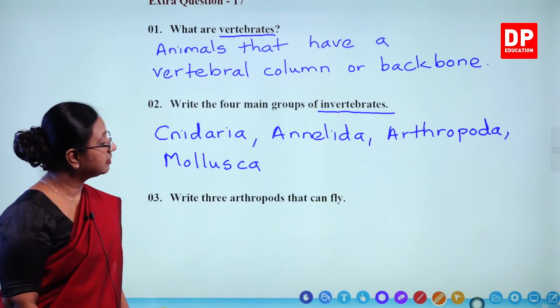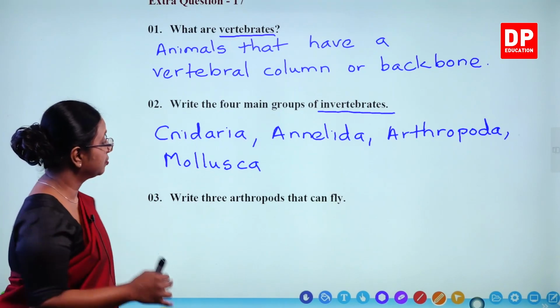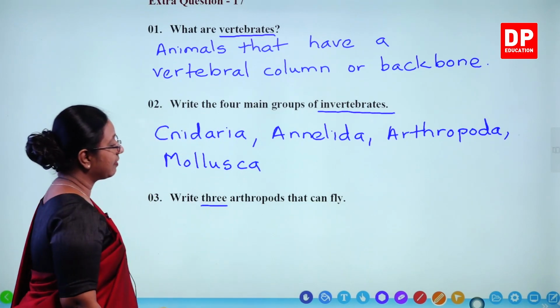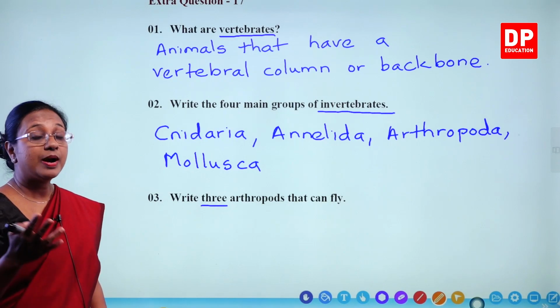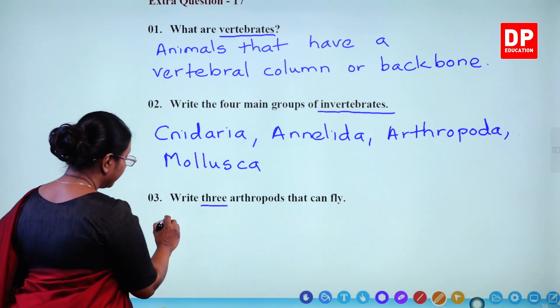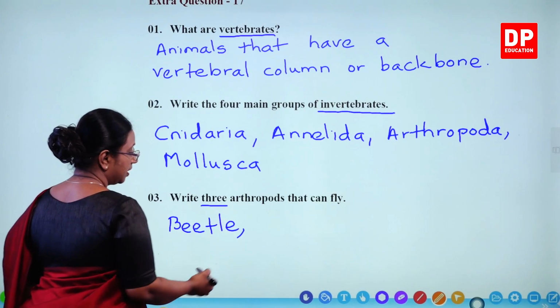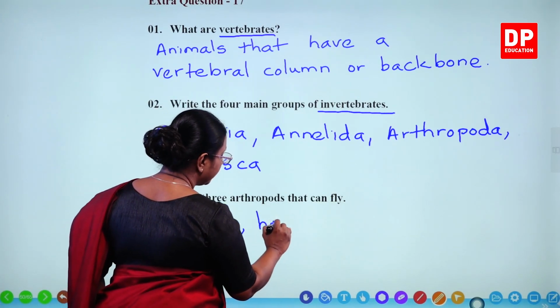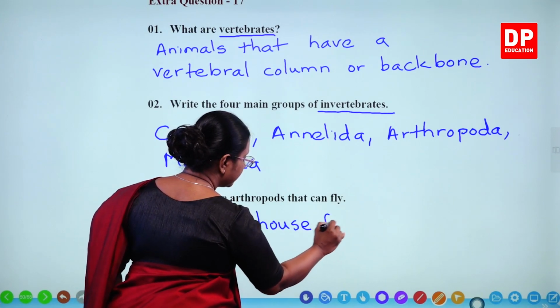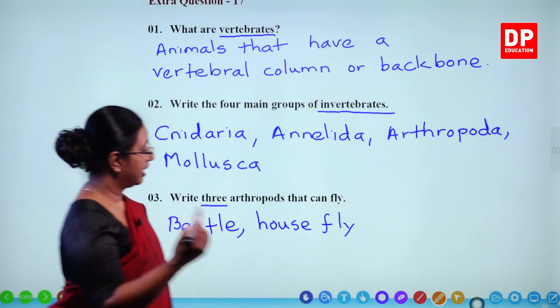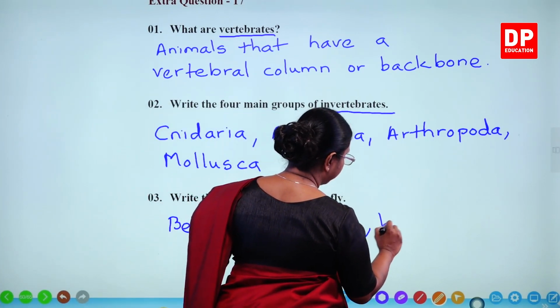Write 3 arthropods that can fly. So you have to write the arthropods that can fly. So here they have asked for 3 arthropods. What can we write? We can write beetle. We can say housefly, even that is an arthropod, an insect, beetle, housefly, and I will say butterfly.